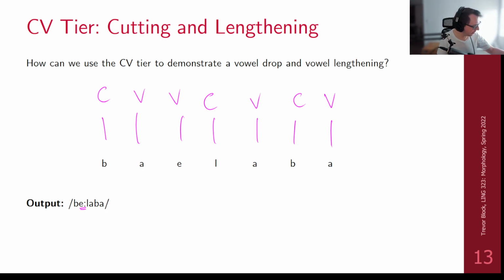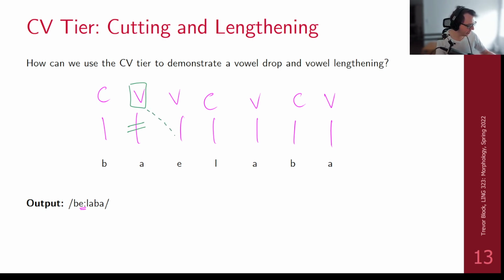So what's happening here is we go through this process called delinking and spreading. What we're going to do is delink the first vowel. Now we have a problem because we have to get this vowel to connect to something. So what do we do?